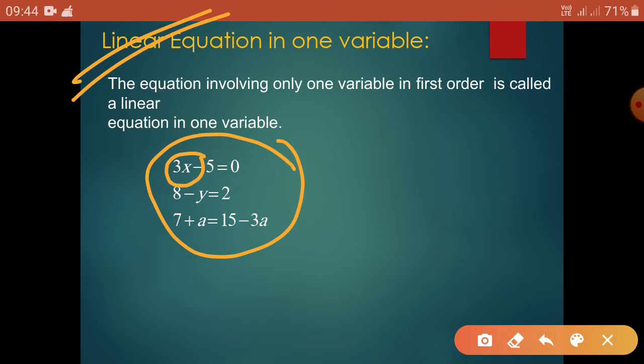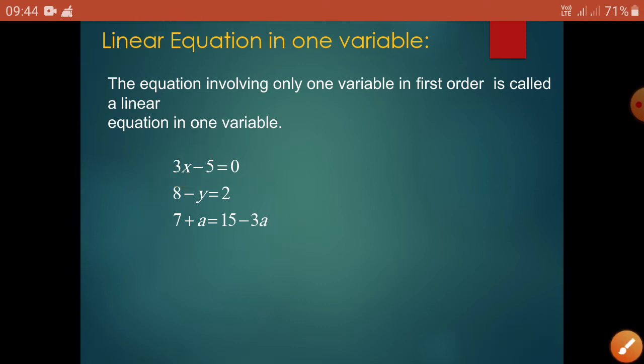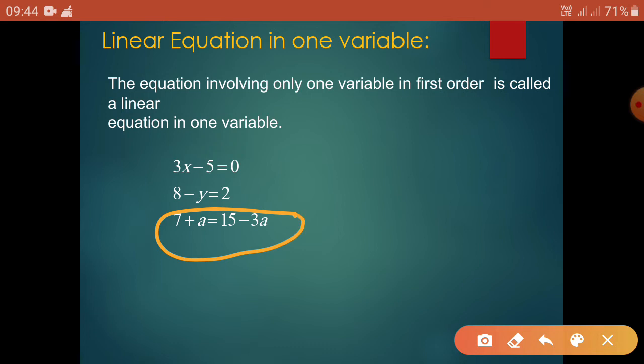If you ask me, sir, here it is okay because here it is 3x minus 5, here it is 8 minus y equal to 2, but here it is 7a equal to 15 minus 3a. So on both sides a is present. Can you say that it is a linear equation in one variable? Yes, we are using only one variable, a, on both sides. So we can call this equation a linear equation in one variable.